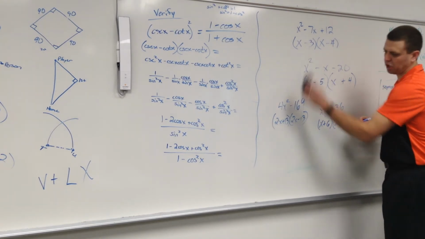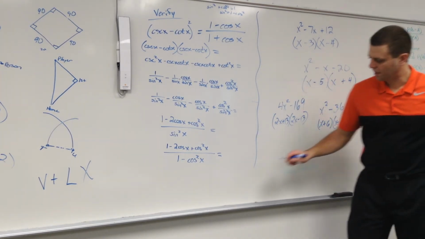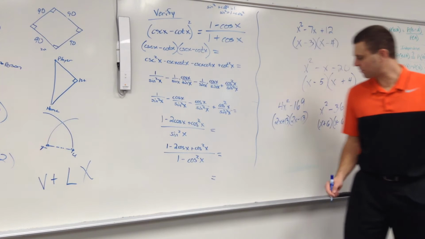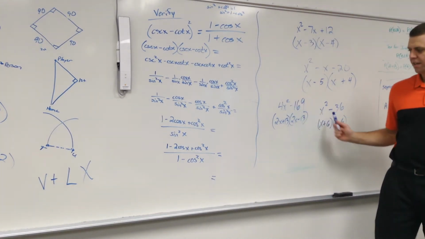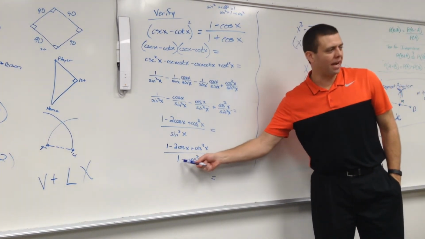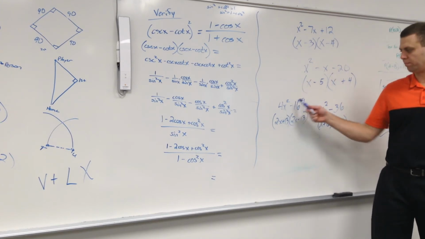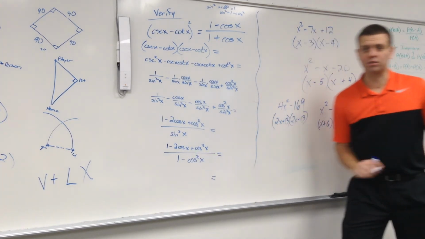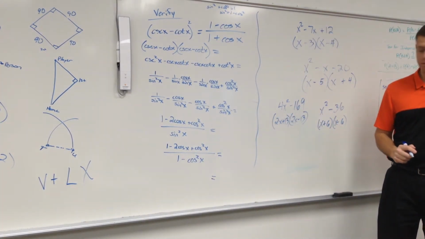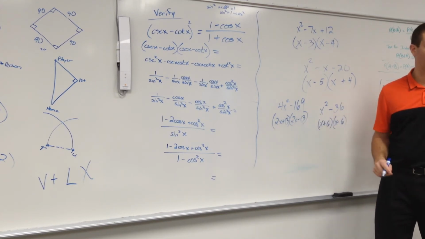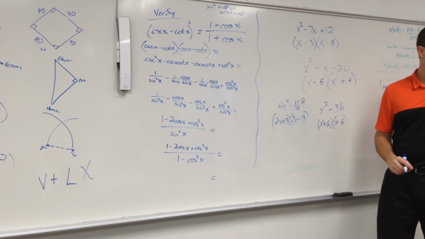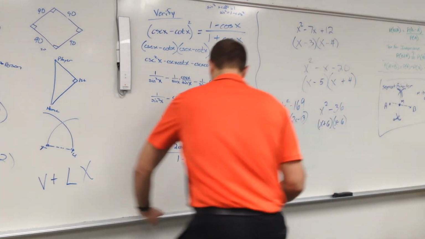So now, knowing that, if you look at the bottom, 1 minus cosine squared, are those both perfect squares? Sure they are. So what would the two factors be at the bottom? 1 plus cosine x and 1 minus cosine x.